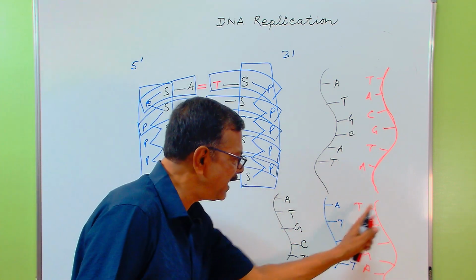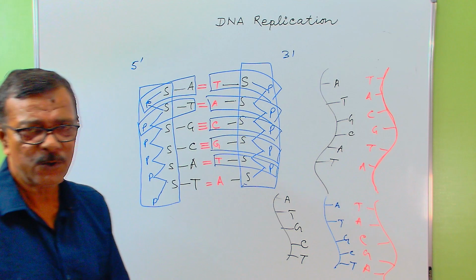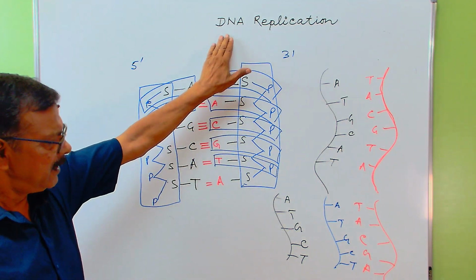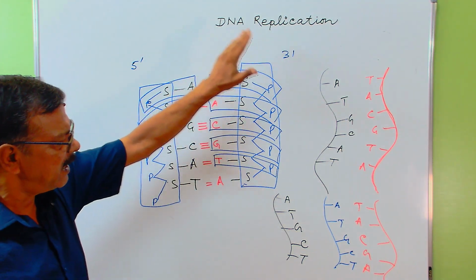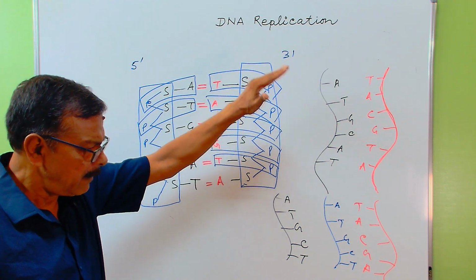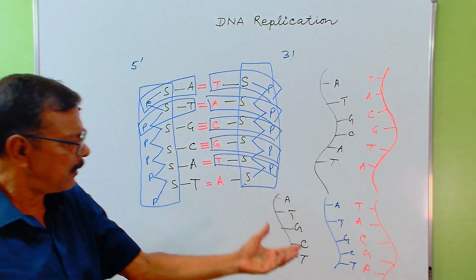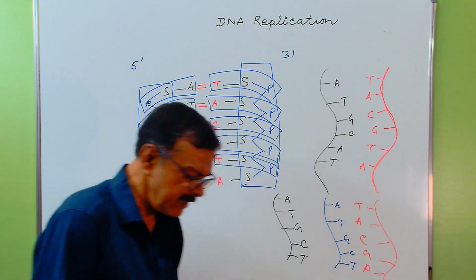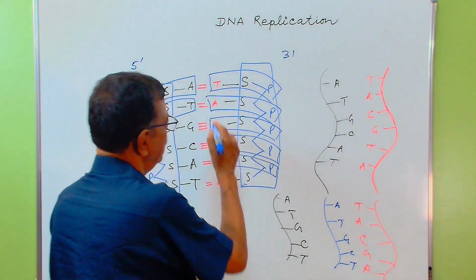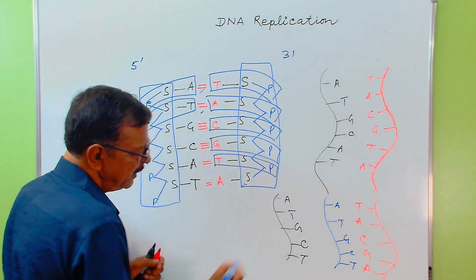So it is the same identical copies. So DNA replication is the process by which the cell makes two identical copies of its DNA. So these are the identical copies and these remain joined with this hydrogen bond.